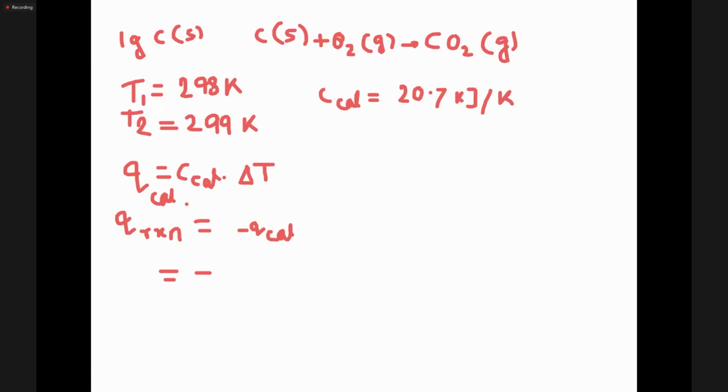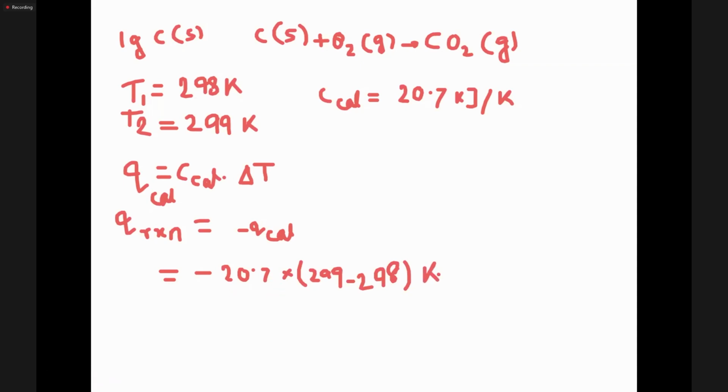So C cal is given as 20.7 kilojoule per Kelvin, and delta T is nothing but 299 minus 298, that is 1 Kelvin. So kilojoule per Kelvin times Kelvin will be kilojoule.